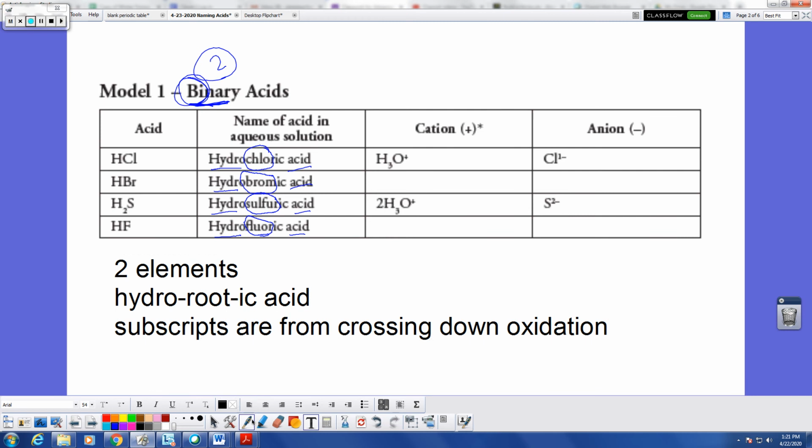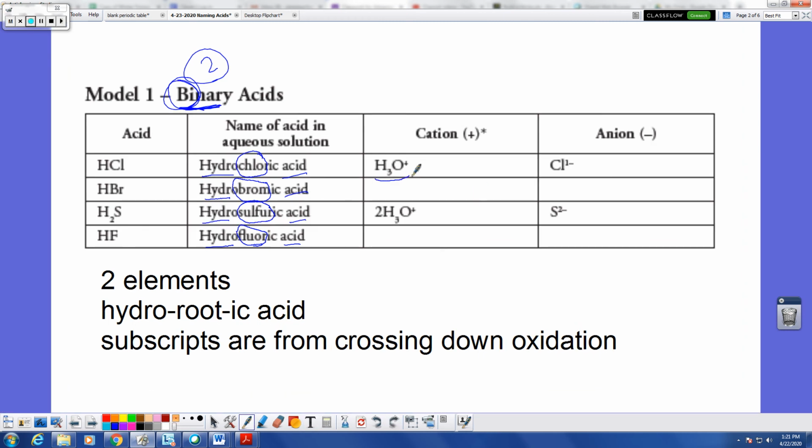For those of you in advanced and AP, this is a hydronium ion, which is actually what the H plus ion is in the water. So you see how this is a water with an H plus, it makes an H3O plus. But for the sake of this assignment, you can just call it H plus. Okay, H plus and H3O plus are used interchangeably. So that's going to be your cation for all of them is H plus.